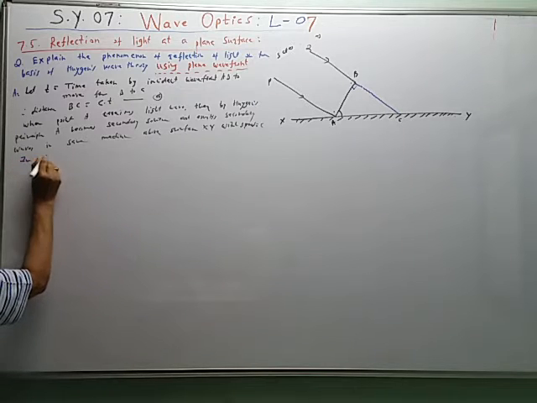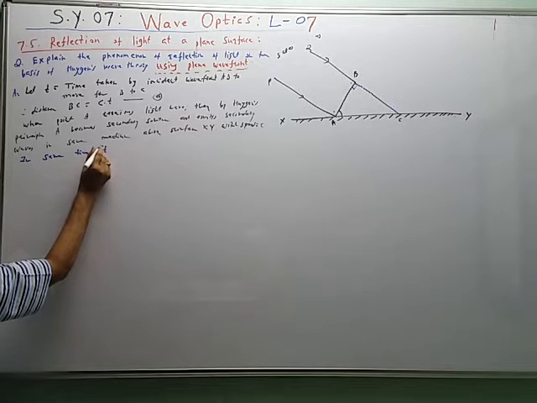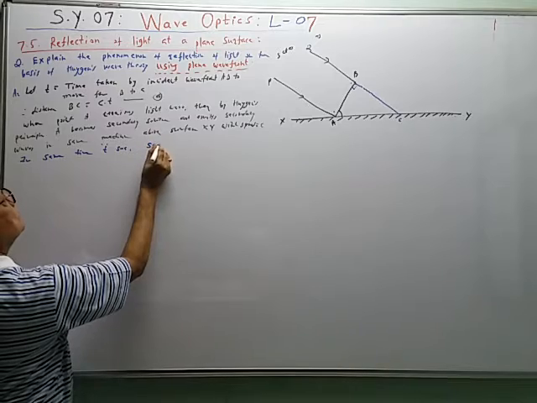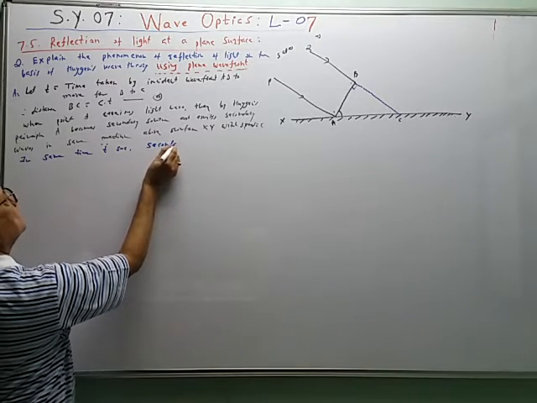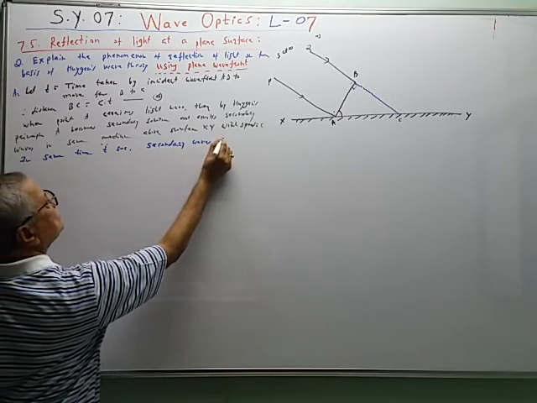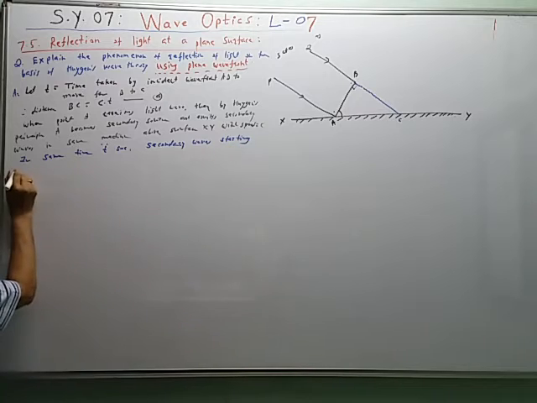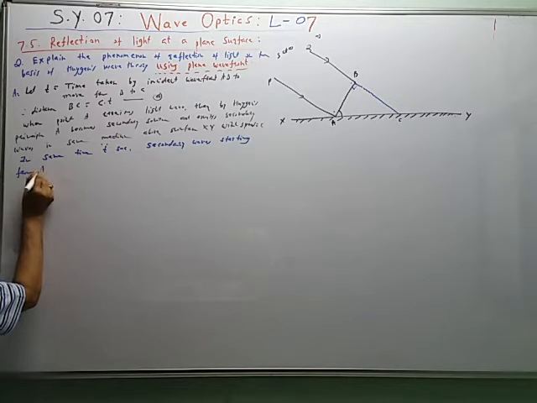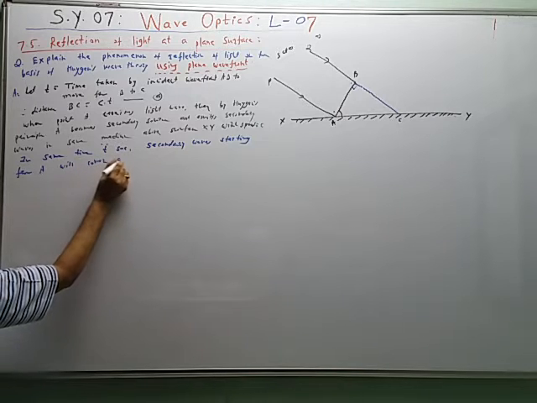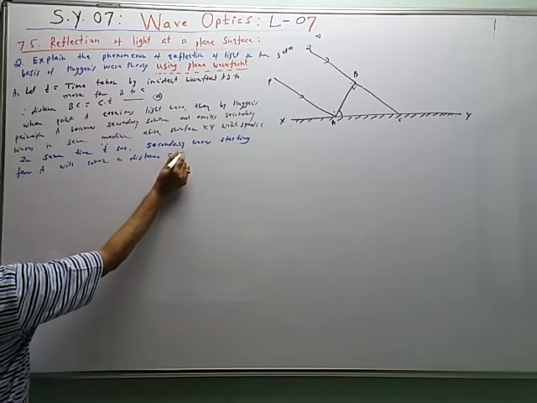In the same time t seconds, the secondary waves starting from A will cover a distance equal to ct.